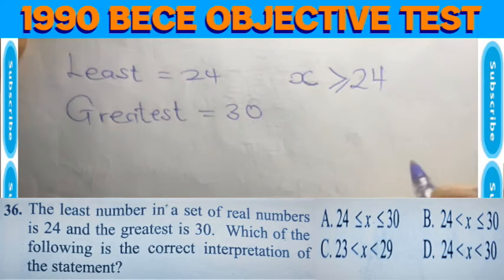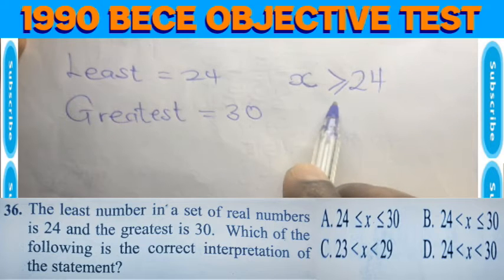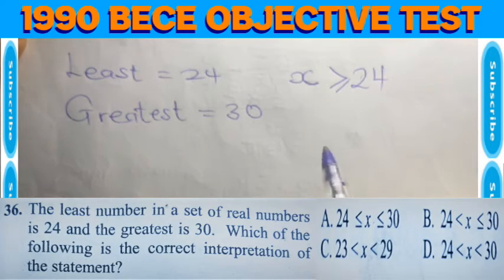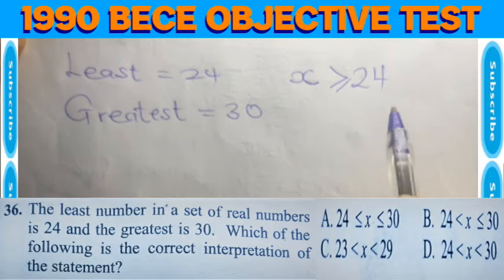The least number is 24, so the smallest value that we can have is 24. All the other real numbers will be greater than or equal to 24. This means that we begin from 24. Do we get it? That's how we express it: x is greater than or equal to 24.